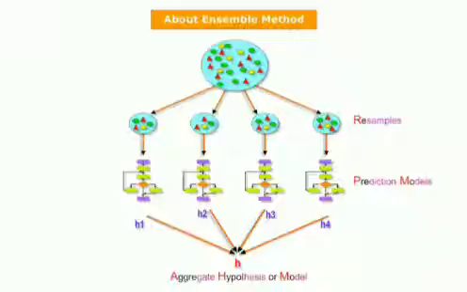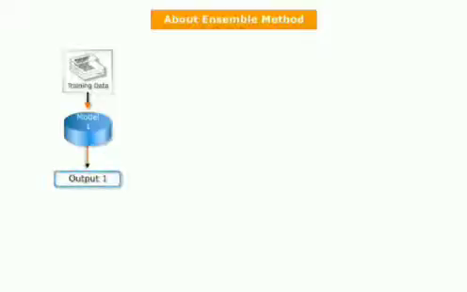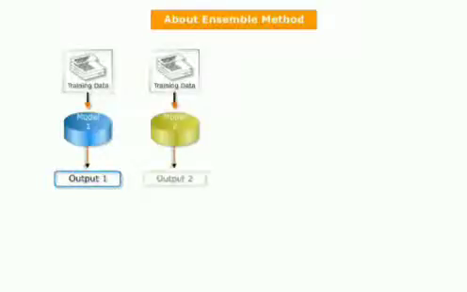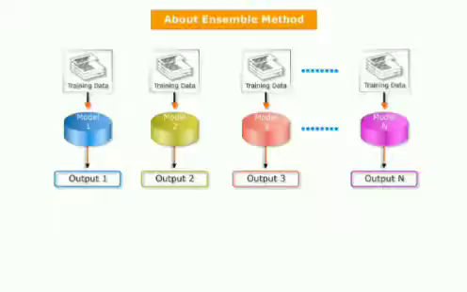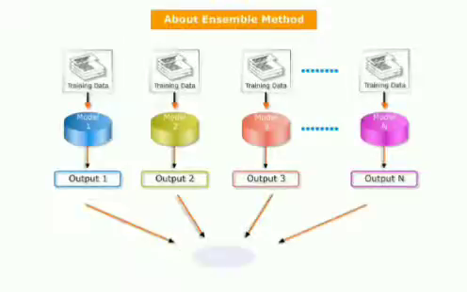Then the output from all of these base models is combined, usually by voting, to form an ensemble output. Ensemble methods are used to improve the error rate and overcome the modeling bias of individual models. They can produce one strong learner by combining many weak learners. The diagram shows the framework of ensemble models.